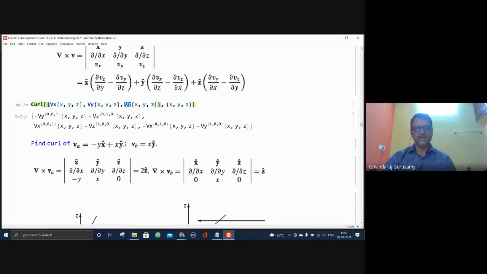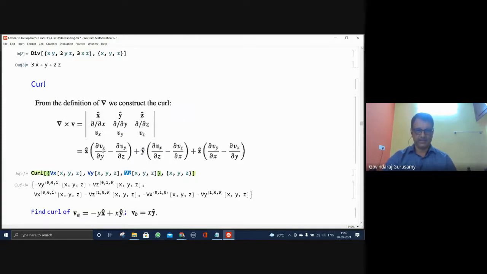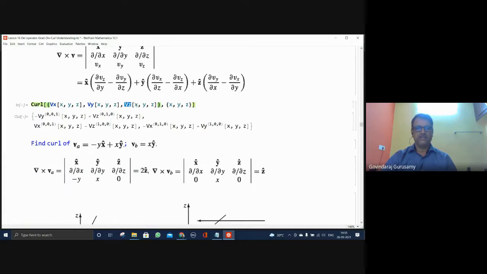Therefore, we will be considering all the derivative components of this. You can see all the components in it. That has been found here, and you can compare this with this and confirm it. Yes, what has been given here, you have the same results here by taking the curl of Vx, Vy, Vz with respect to x, y, z. And this is the result that has been shown in the textbook.